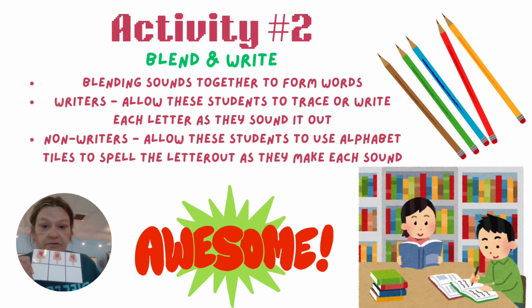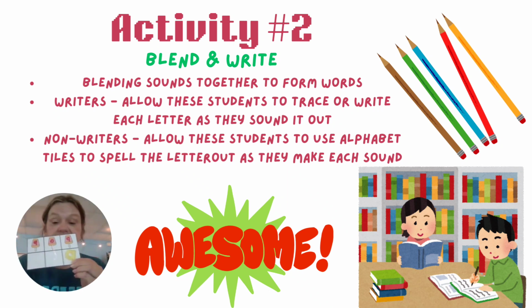For those children that are not writing, you could always use the little letter tiles and let them spell the word out and make the sound as they spell it out to make the word pop.